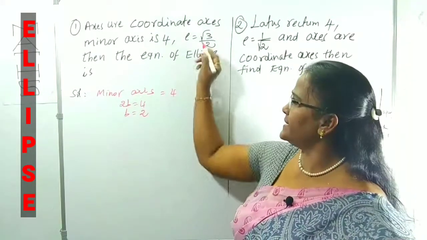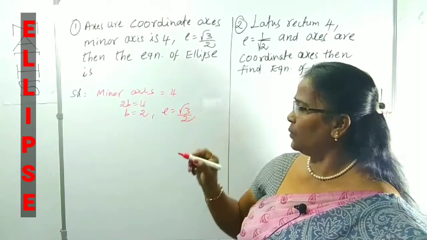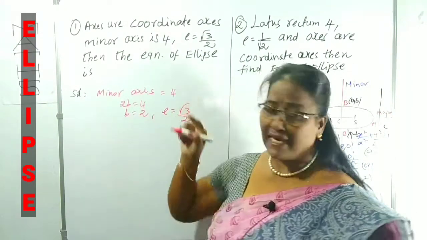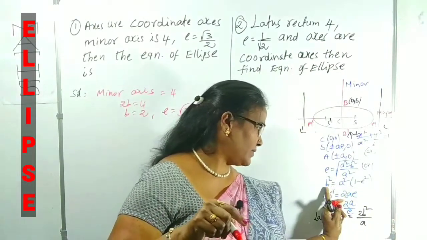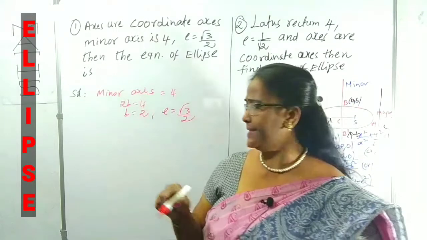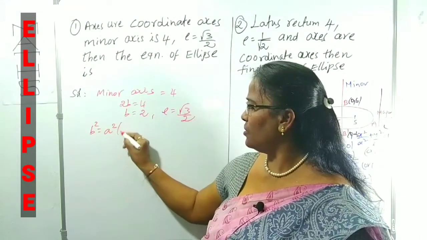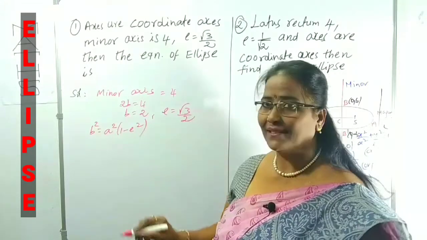And eccentricity e is given as root 3 by 2. What is the relation between b, e and a? You know clearly b square is equal to a square of 1 minus e square. From this you can get a square.